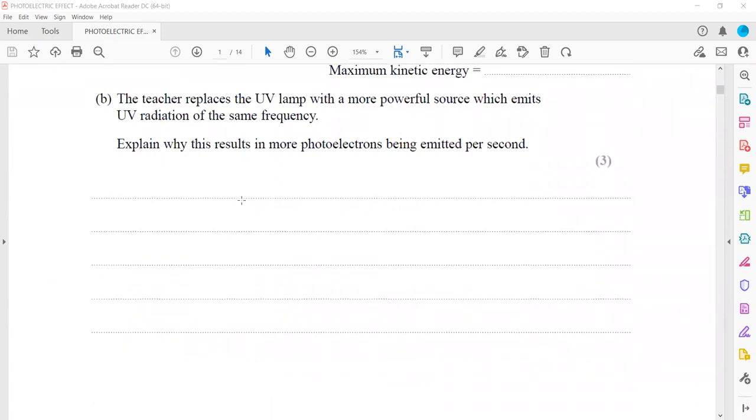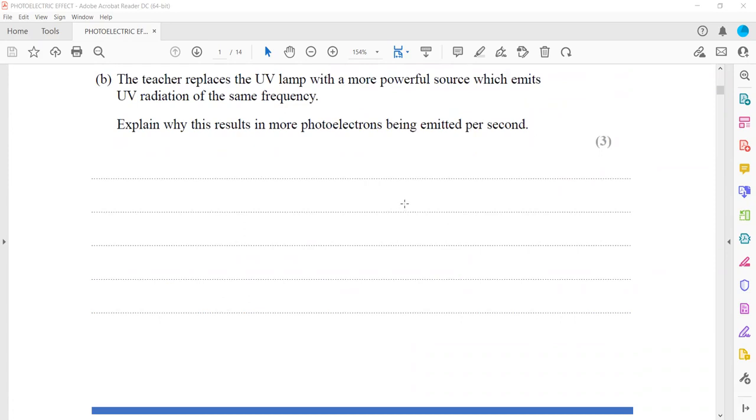Then in part B, the teacher replaces the ultraviolet lamp, the UV lamp, with a more powerful energy source, which emits UV radiation of the same frequency, but the more powerful source is emitting more photons. Why does this result in more photoelectrons being emitted per second?